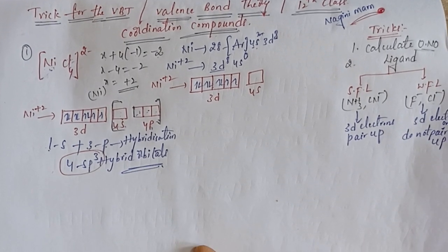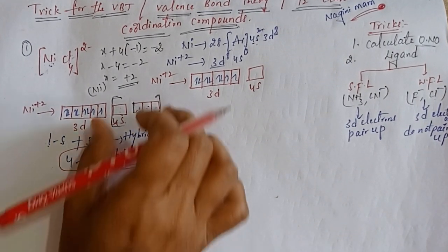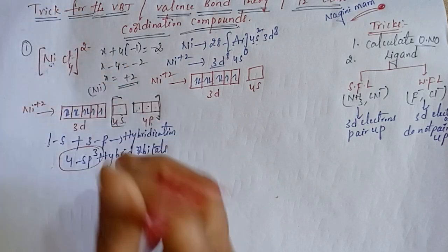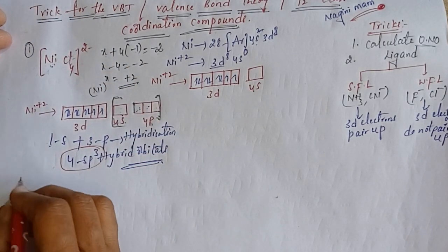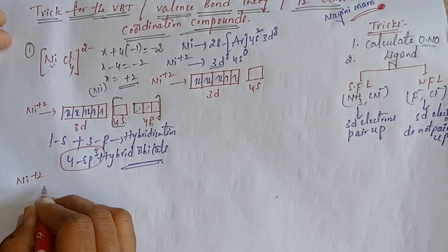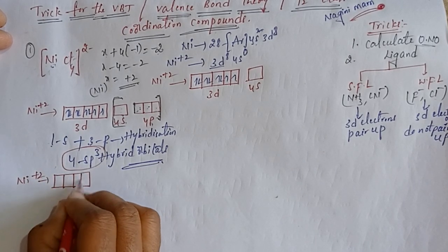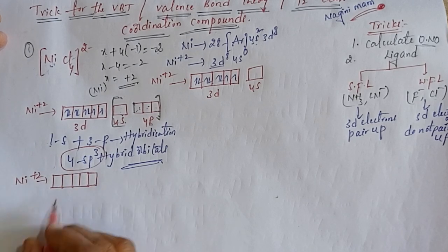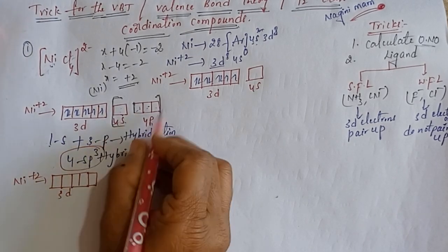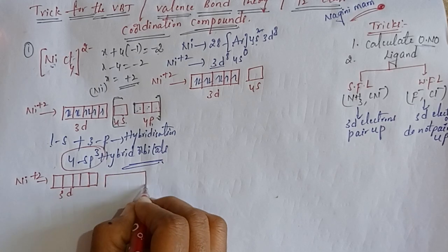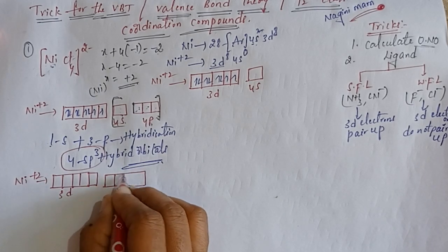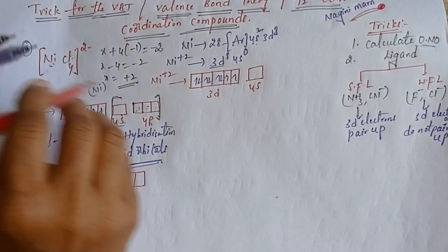Now these 4 sp3 hybridized orbitals I am writing separately, students. See here, Ni plus 2. This is 3d. These 4 orbitals I am writing in one place, joining them.